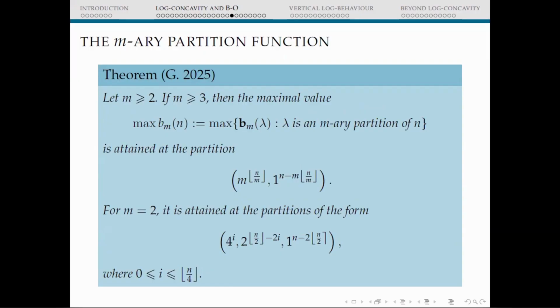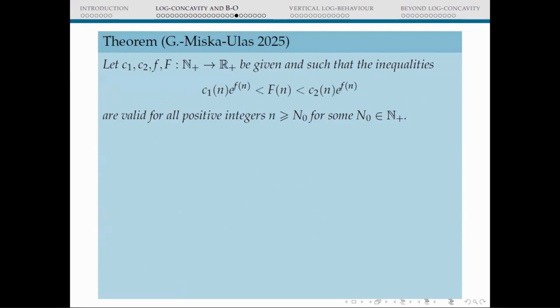But let us assume that we have a function which can be bounded from below and from above by the following expressions. And if we add some additional requirements on this function C1, C2, and f of n, then we are able to deduce the Bessenrodt-Ono inequality.